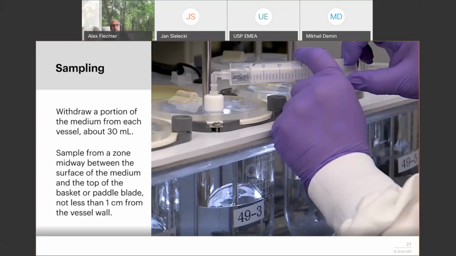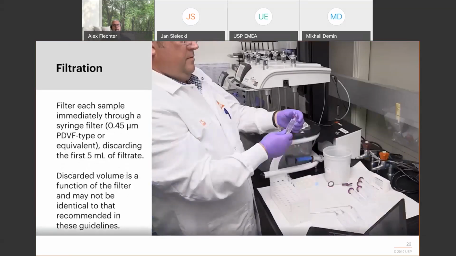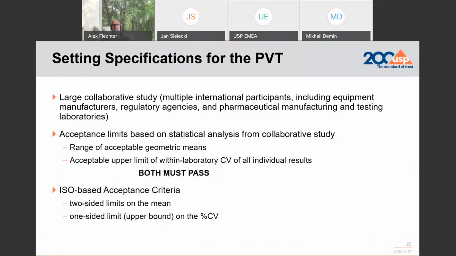It is also recommended to filter the sample immediately, because if you have undissolved material in your syringe and at the temperature of 37 degrees centigrade, it will statically continue to release drug. So again, you will not have the real result of that aliquot that you have taken right at the time of 30 minutes. That's basically what I said about filtration.